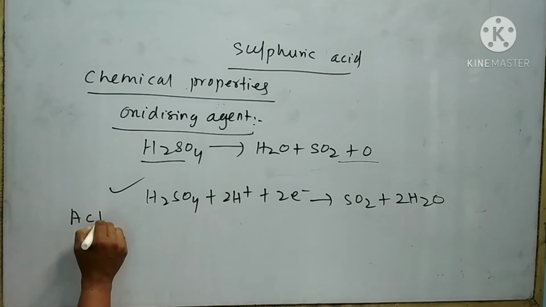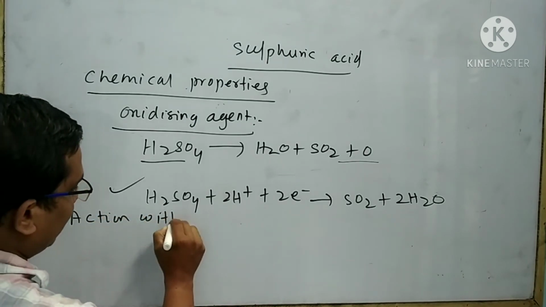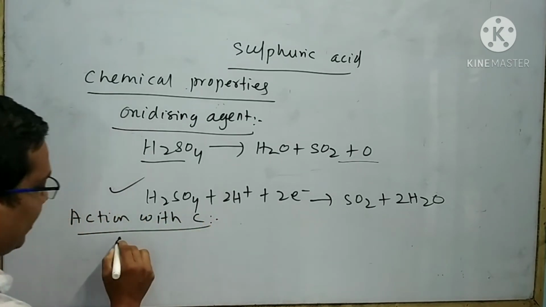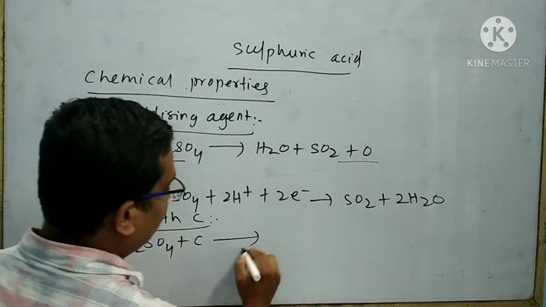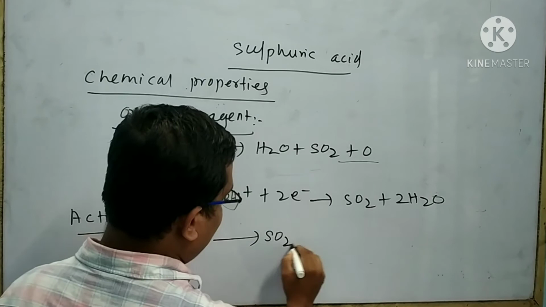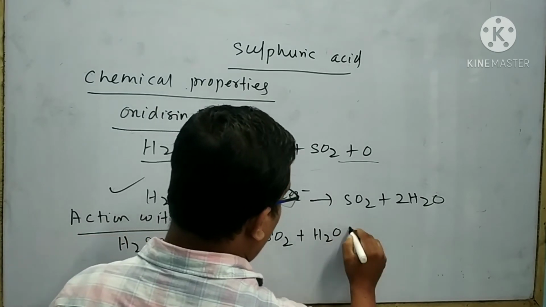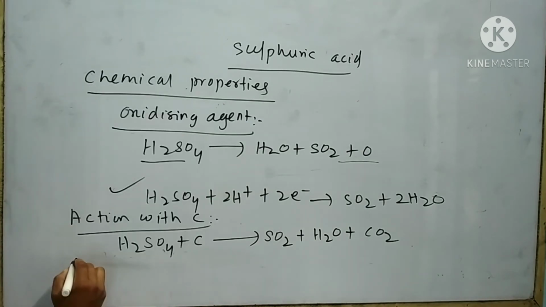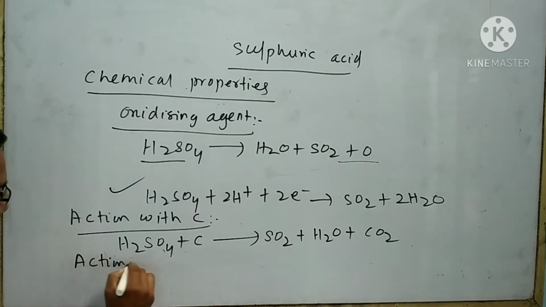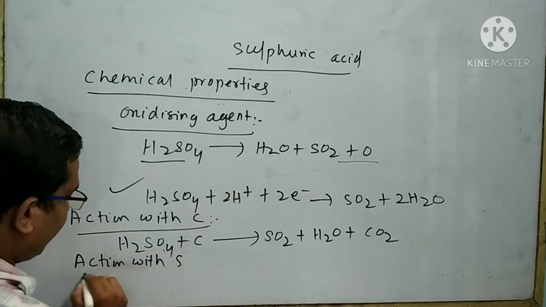First reaction is the action with carbon. When sulfuric acid is subjected to reaction with carbon, then sulfur dioxide, water and carbon dioxide are formed. Next reaction is the action with sulfur.